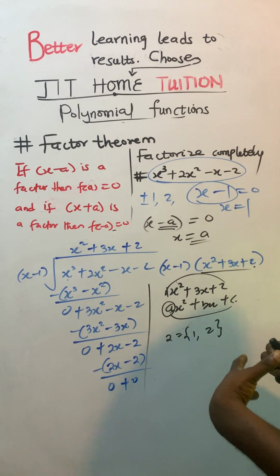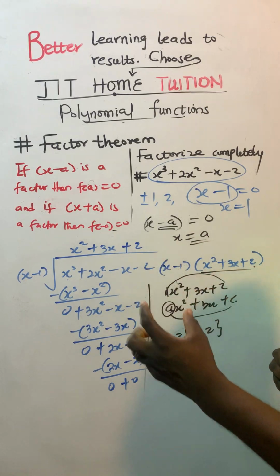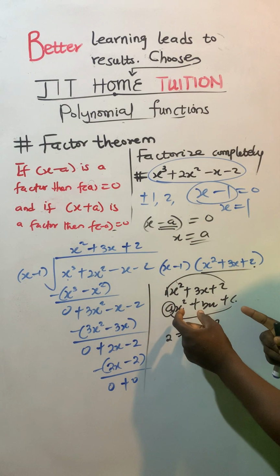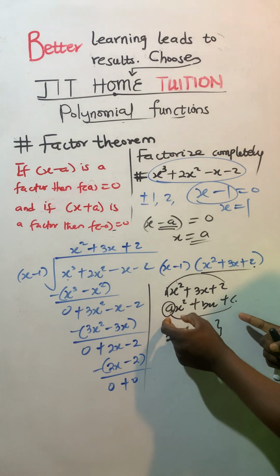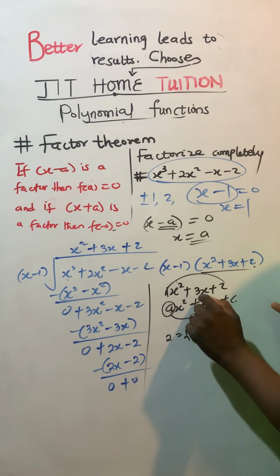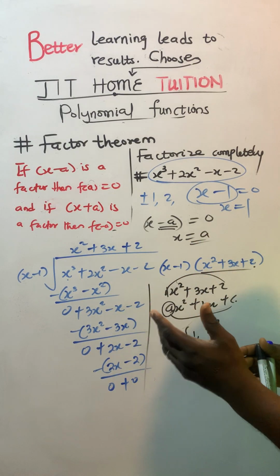Sometimes you may get more than 2 numbers, and you have to choose the pair whose product equals the product of a and c, but at the same time adds up to the middle term. Sometimes it can be plus or negative, it depends.